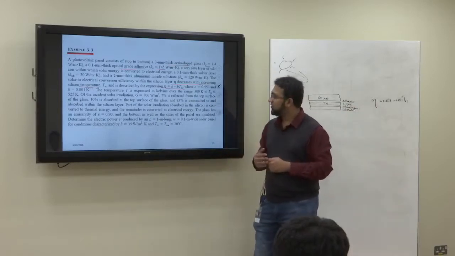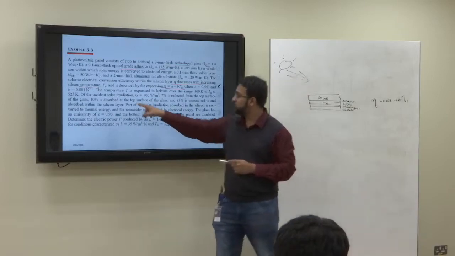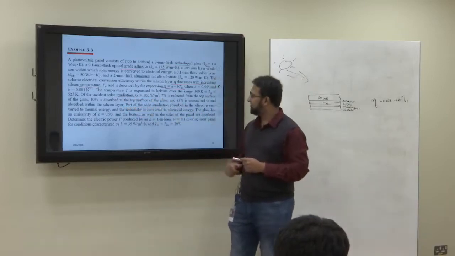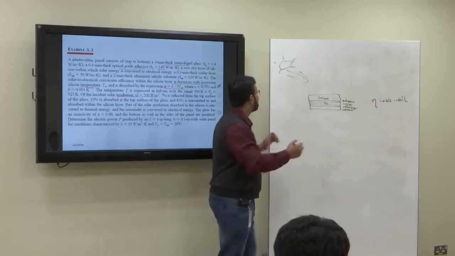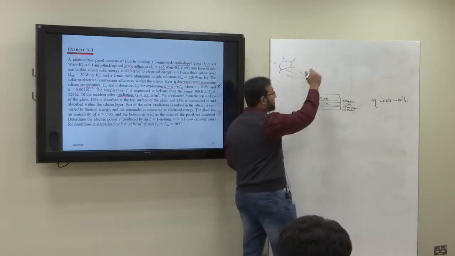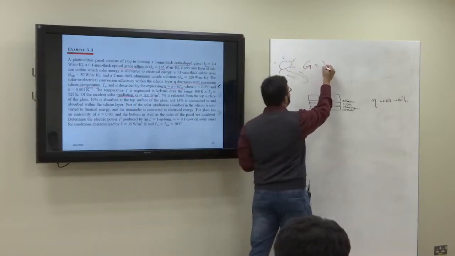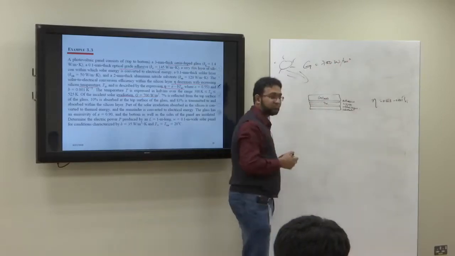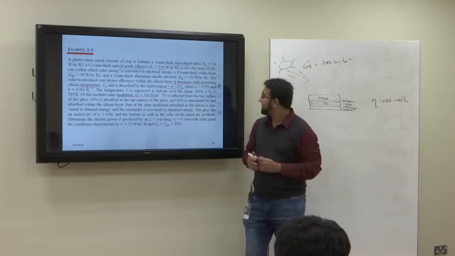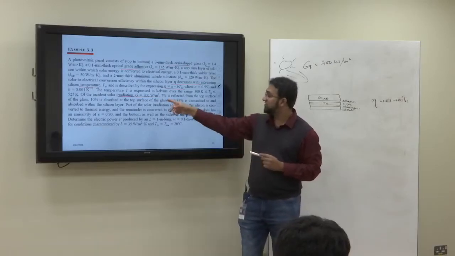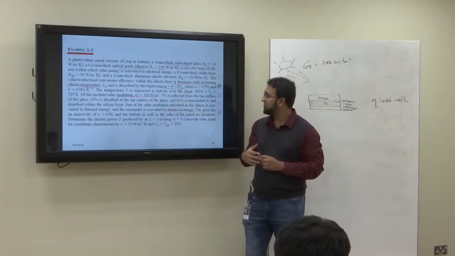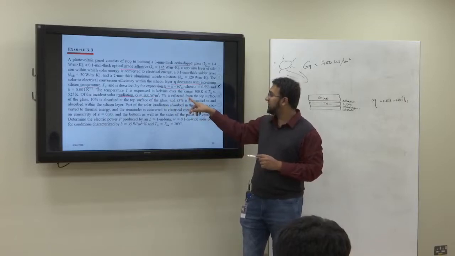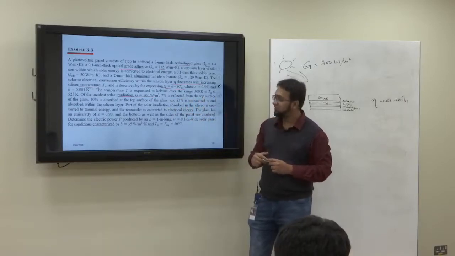Over this range, the incident solar radiation G equals 700 watt per meter square. So the solar radiation which is coming, that is G, is 700 watt per meter square. Of this, 7% is reflected from the top surface of the glass.